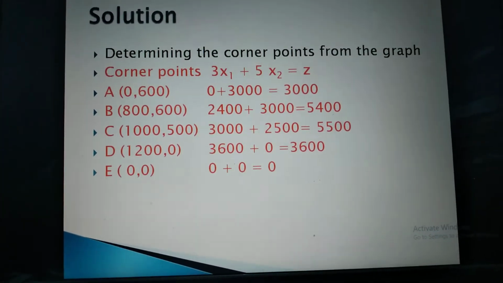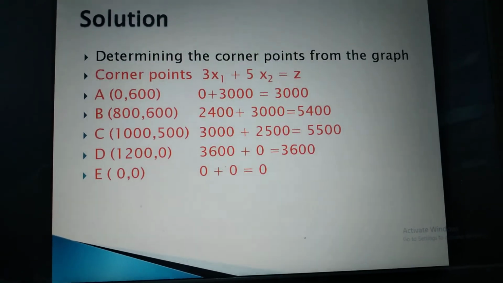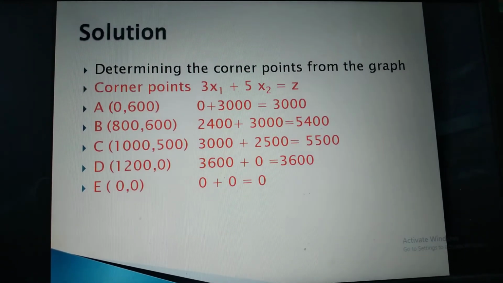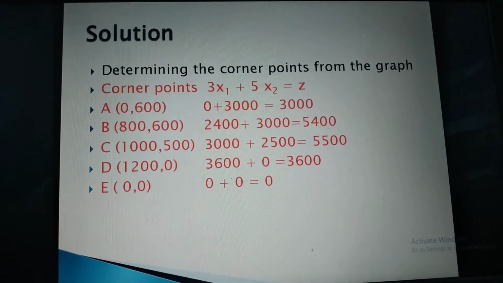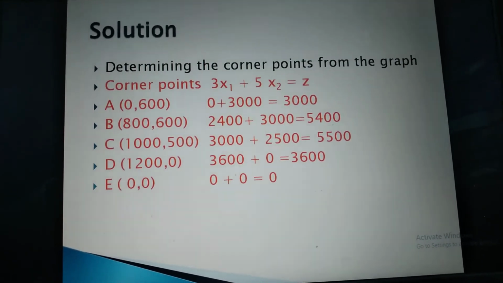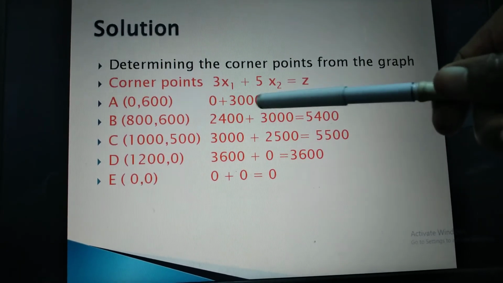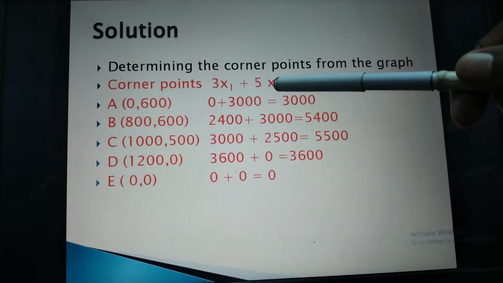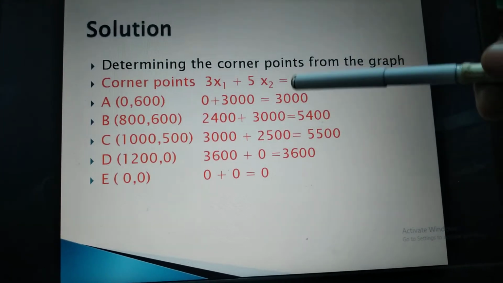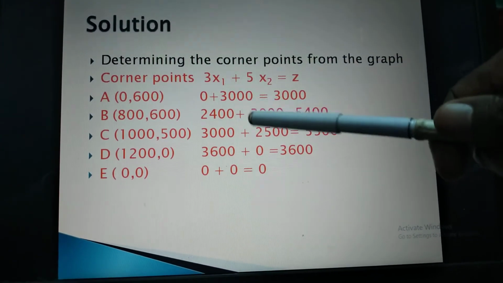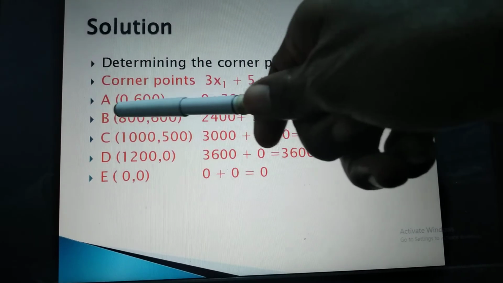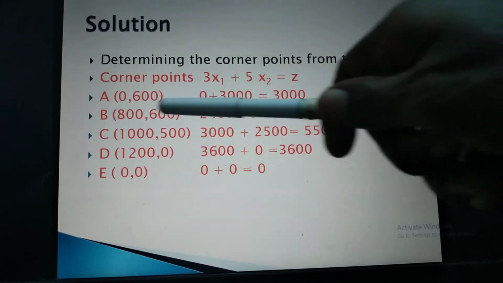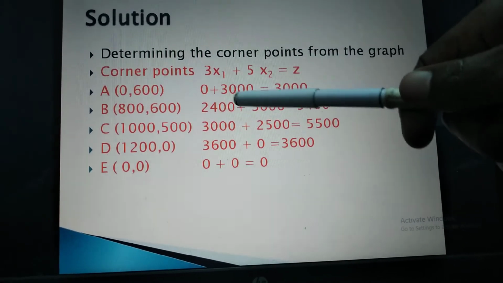Now, using the profit or the objective function, 3x1 plus 5x2 equals z. Now what we do, we use the corner points to solve the problem. 0 plus 600 times 5, which is 3,000.